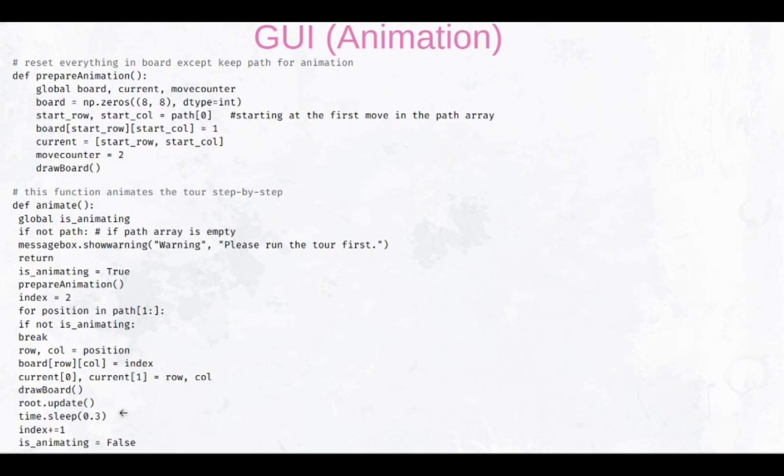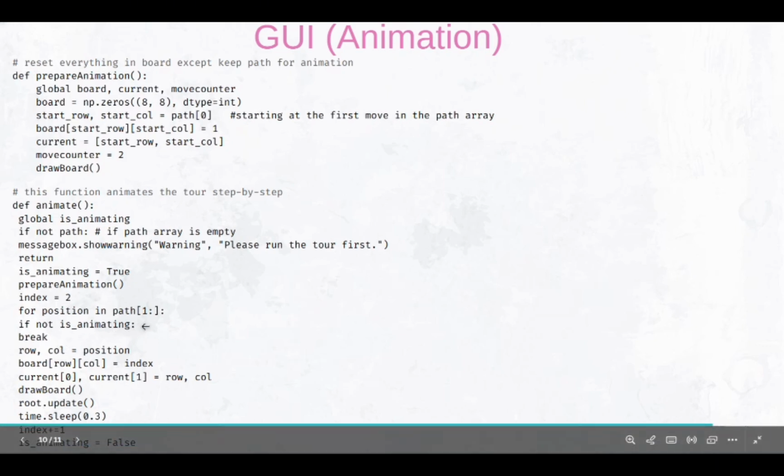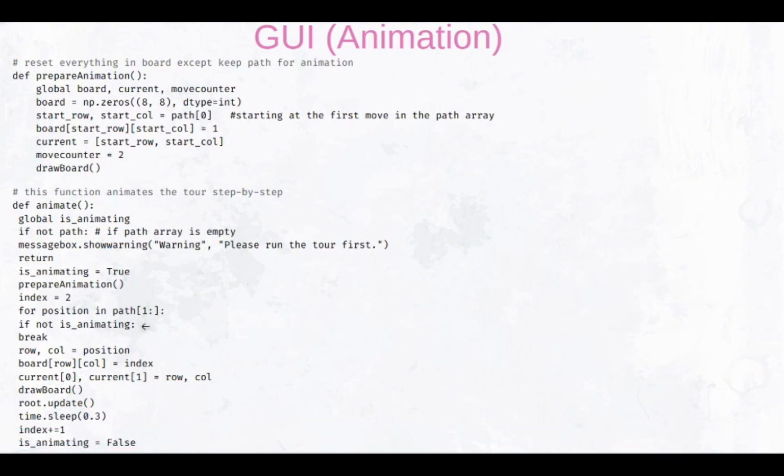And then we increment our index for the next position in the for loop. And then finally, when we're done with all of our positions, we will set is animating to equal false.